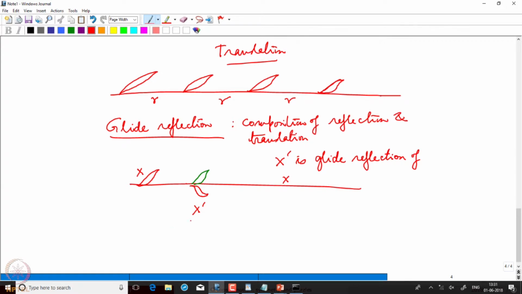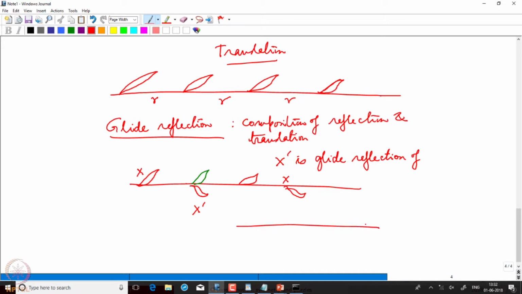This kind of pattern is observed in leaves, and then it goes like this, and so on. It's quite natural actually. Have you seen the footprints when you walk? Suppose you are walking on a muddy road, the way your footprints are there, they actually form a glide reflection pattern.